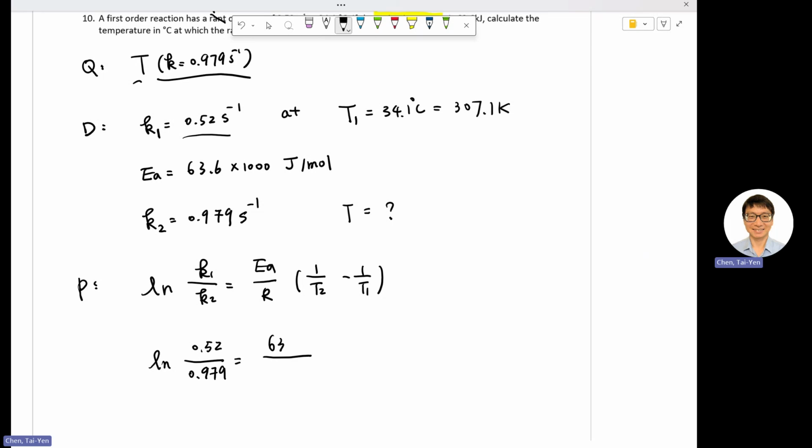EA, 63 times 1,000, R, 8.314. T2, so this will be your T2, right? 1 over T2. That's 1 over T1, and T1 will be 307.1.